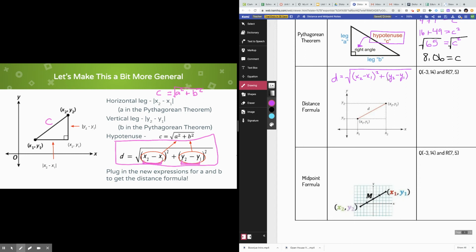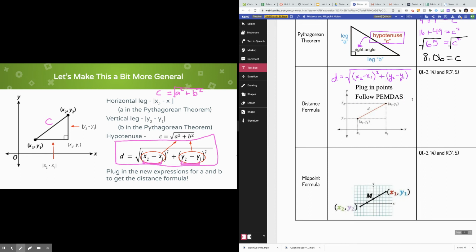So you just have to plug the numbers into the right place and then follow your order of operations. The steps are: plug in the points and then follow PEMDAS. Those are the steps when you're doing the distance formula.